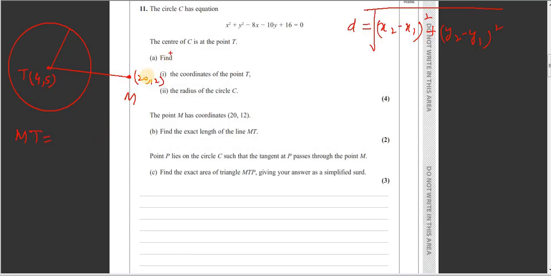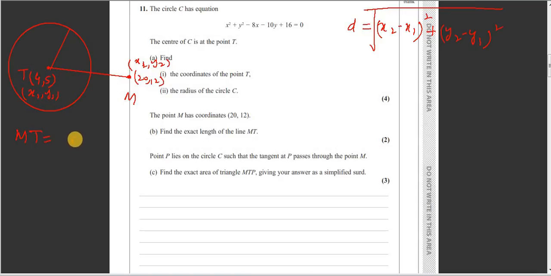So I'm taking point M as (x2, y2), because these are large numbers, so it's easy to subtract, it's just fine. And then this one I'm taking as (x1, y1). So you apply distance formula, so x2 minus x1, that means 20 minus 4.